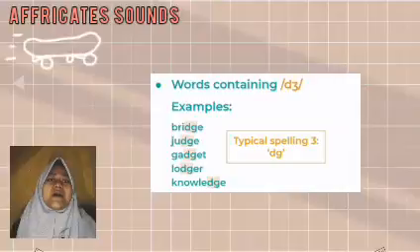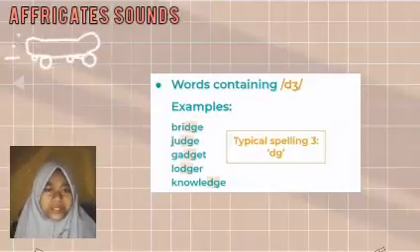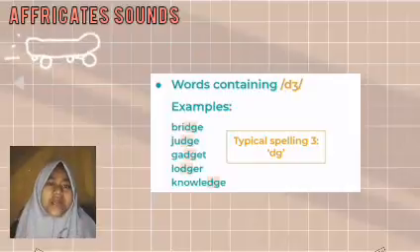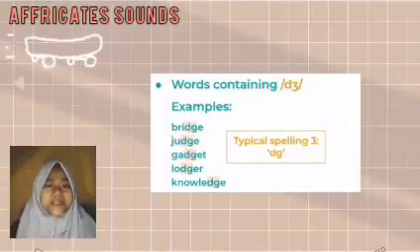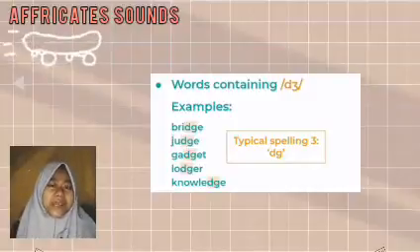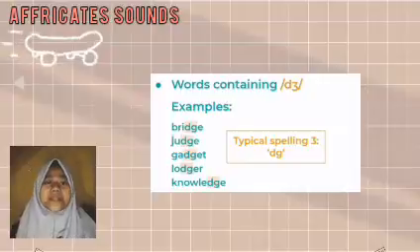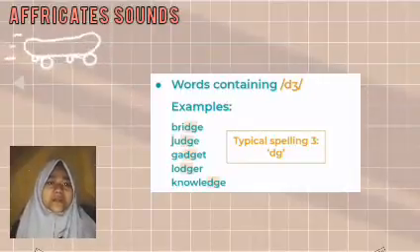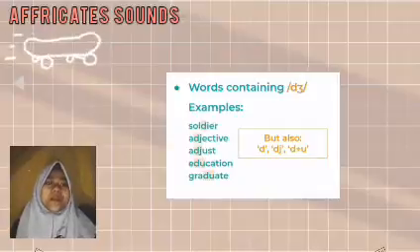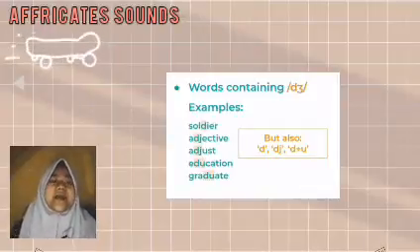Let's have a look at some more words. Here we have bridge, judge, gadget, lodger, knowledge. So another typical spelling is the spelling pattern DG, and that is not all. Let's have a look at the last set of words.